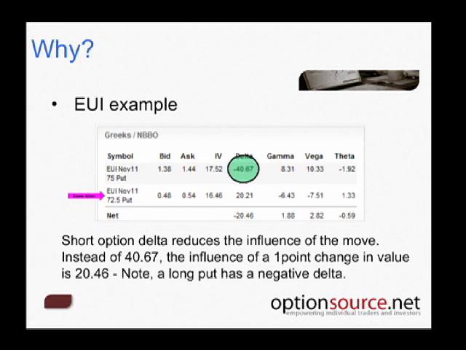Now, that would be all ours to keep if we just simply had that put option. But if you take a look at the 72.5 put, you'll recognize that the delta down there is actually 20.21. So what we've done is we've offset the net delta to a point where that move is only going to net us a 20-cent profit on the position.